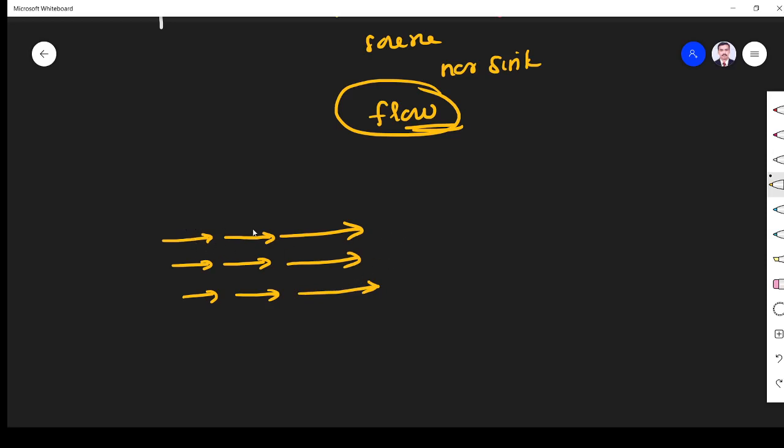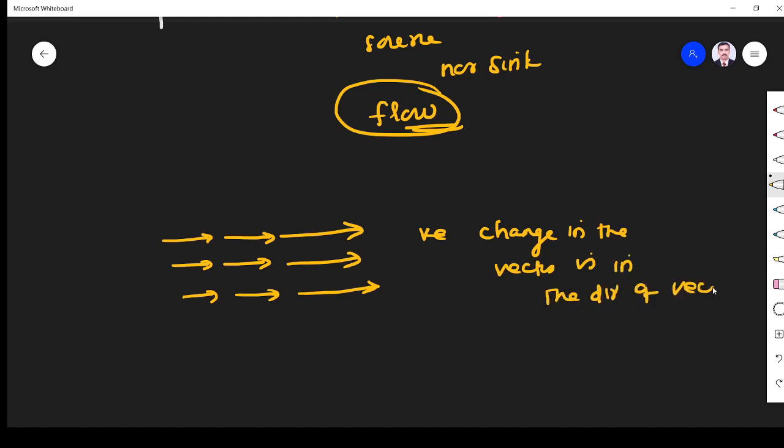Here it is small, somewhat bigger, right? The vector is changing, or the change in the vector is in the direction of vector.